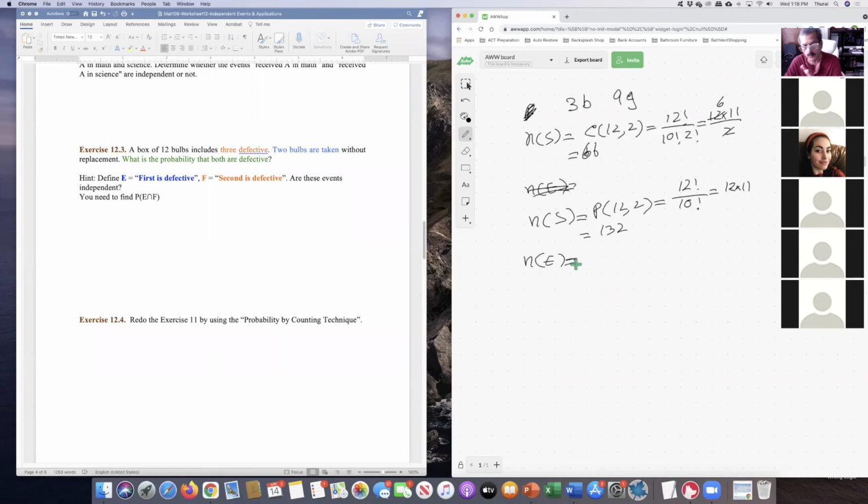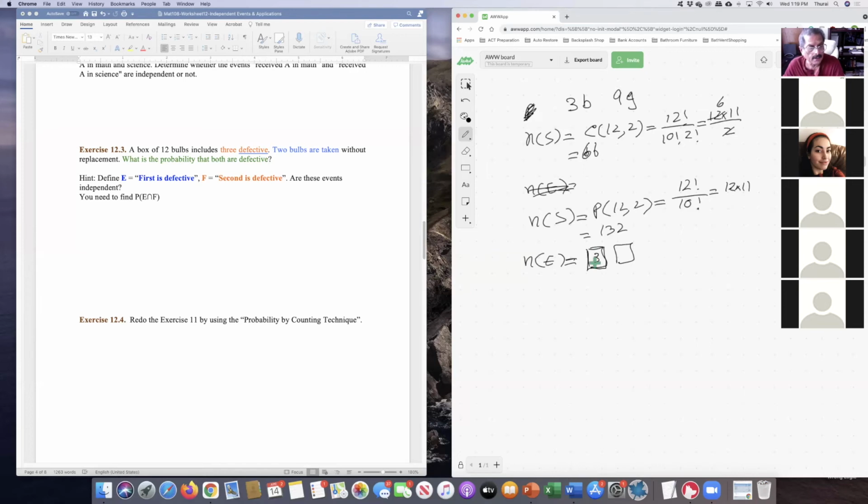You're selecting 2, and first one has to be defective and second one has to be good. So how many ways can I get 1 defective from the 3 defective? 3 ways, right? Now I am using box method. The first one has to be defective. There are 3 ways to do that. There are 3 defective ones.